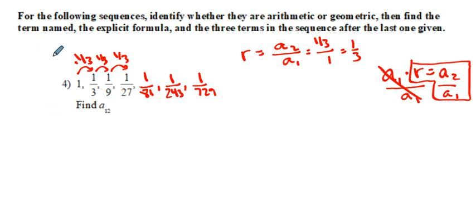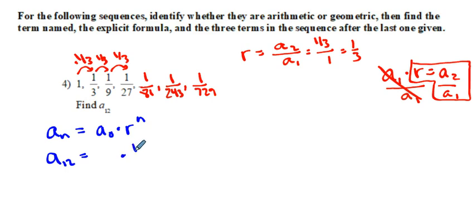Now we need to find the term named A sub 12, or the 12th term. In order to do that, we could look at it recursively and continue multiplying by 1/3, but it would be nice if we had a formula that we could plug into one time and get to the 12th term. So if I am looking for term 12, I need to know the 0th term.